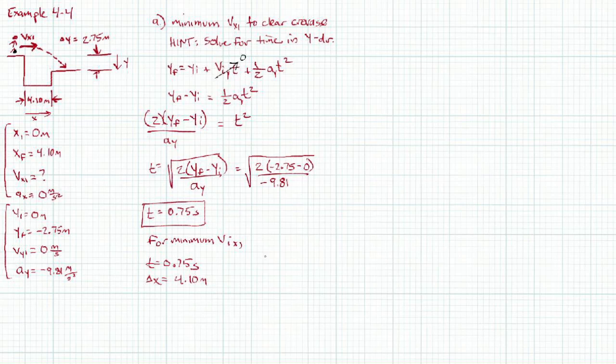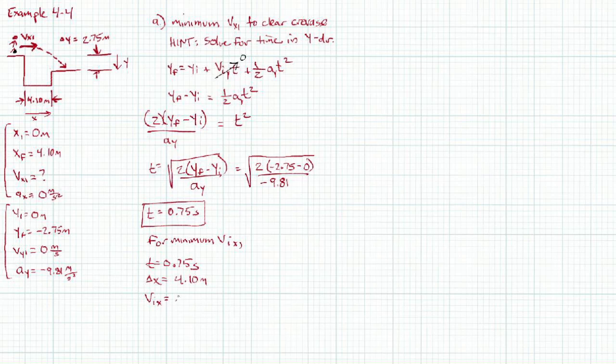So we should very easily be able to solve for initial velocity in the x direction. Now you might say, well, what about final velocity in the x direction? Well, remember, they're both the same. Velocity in the x direction, initial, final, it's all the same because there's no acceleration in the x direction. So what is that?